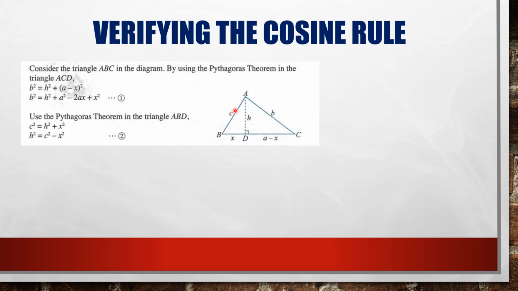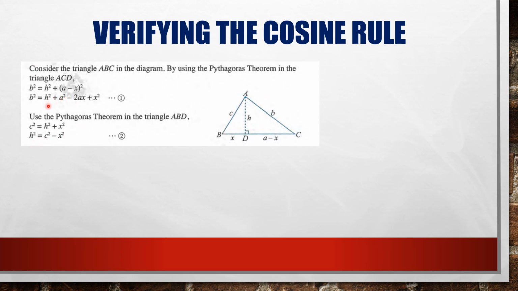Then using the second right angle triangle ABD, we use Pythagoras theorem again. The longest side is c square equals h square plus x square. For this equation, we find h square. Why?